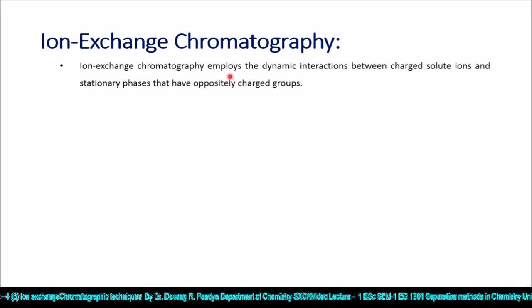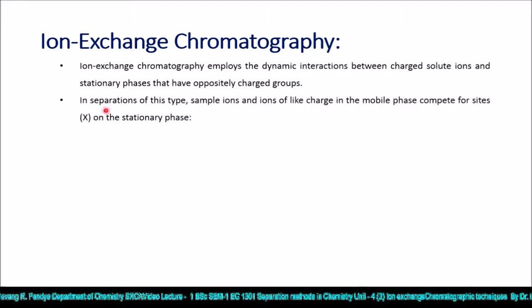Ion exchange chromatography employs the dynamic interaction between the charged solute ions and a stationary phase that has oppositely charged groups. In separation, these simple ions and ions of like charge in the mobile phase compete for sites on the stationary phase.